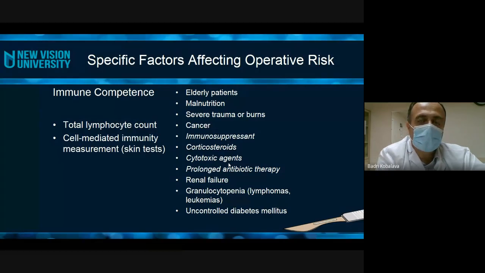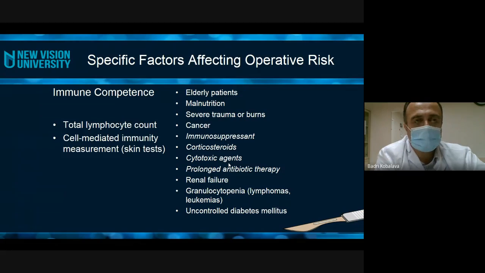Kidney failure. During kidney failure, the main function of the kidney fails, so it is detoxification, isn't it? The kidney removes toxic substances from the body. So these substances circulating in the bloodstream depress the immune system. Granulocytopenia of different origin.